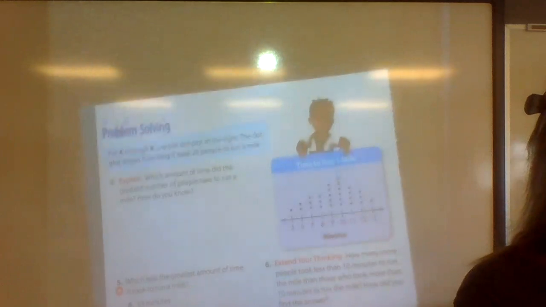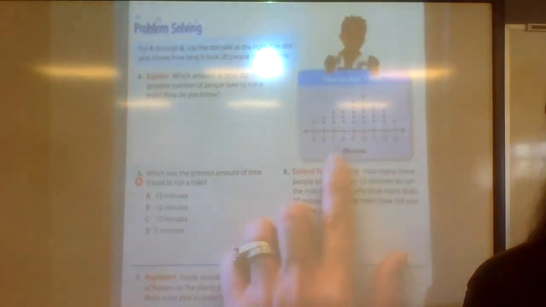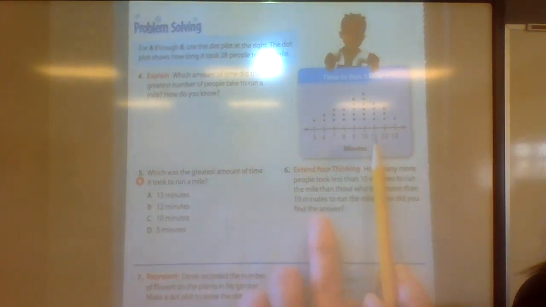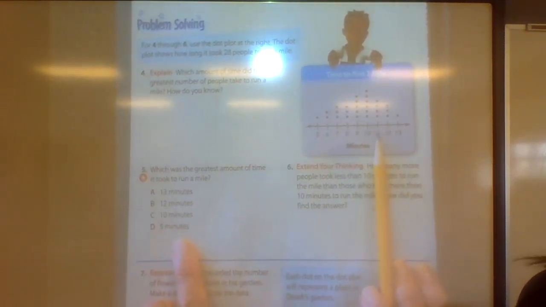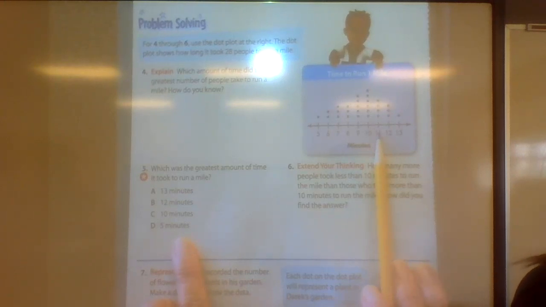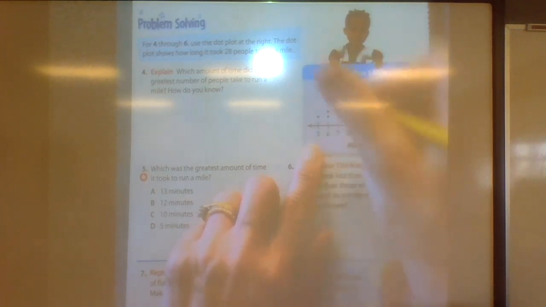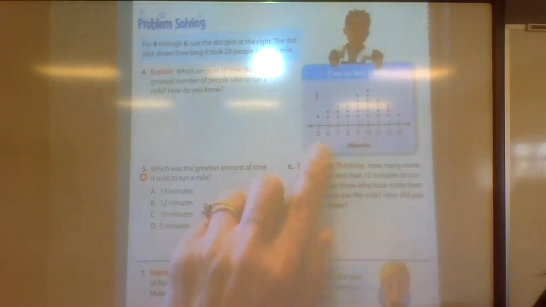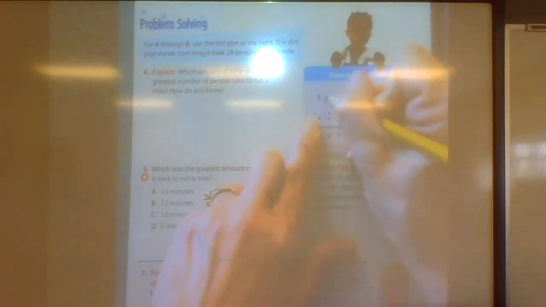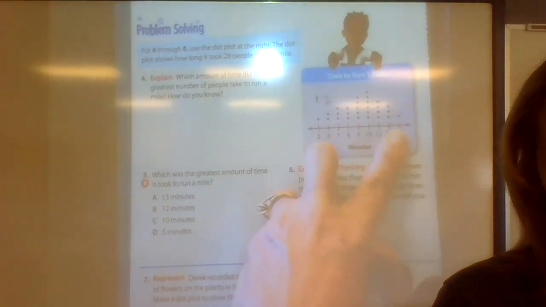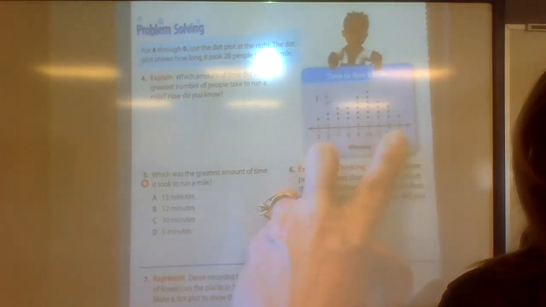On the back, they give you a dot plot and you're going to answer questions about it. The first thing that I want you to do when you see this is label it. For instance, I'm going to put a 1 above that 5. There's 1 dot. There's 2 dots above the 6, and you're going to label all of your pieces of data so you have numbers.